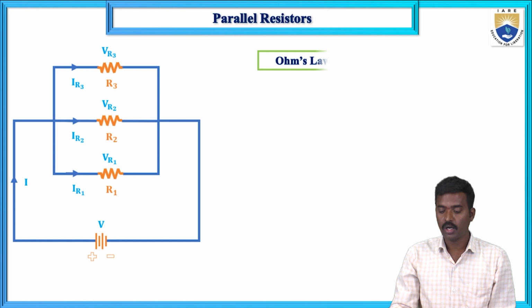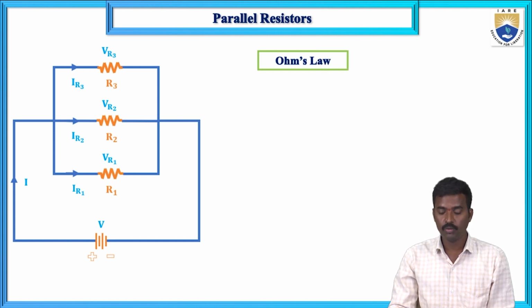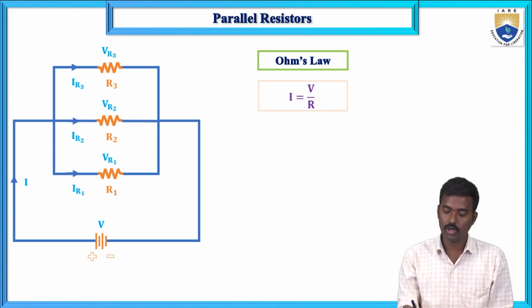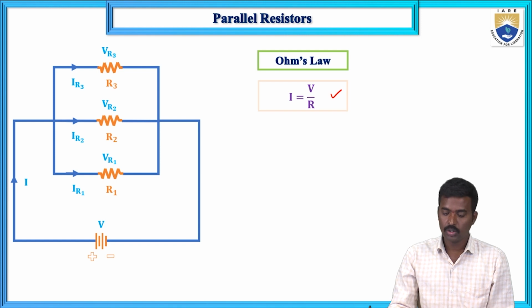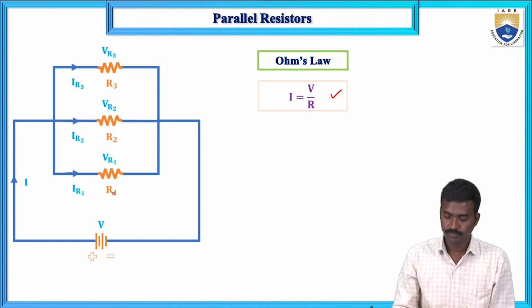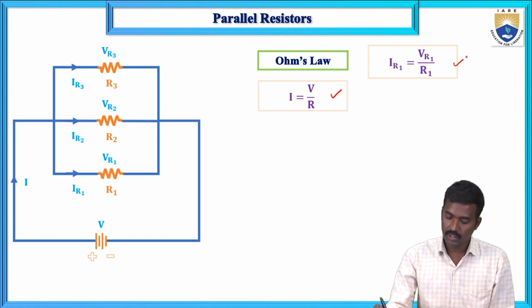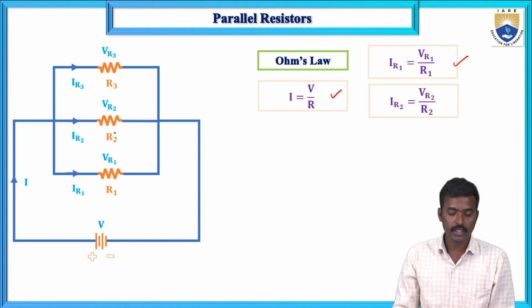Next, Ohm's law. In the series resistor case, we considered only voltage, V equals IR. Here, in the parallel case, the current is I equals V by R. This is Ohm's law. Now IR1 equals VR1 by R1, IR2 equals VR2 by R2 and IR3 equals VR3 by R3.